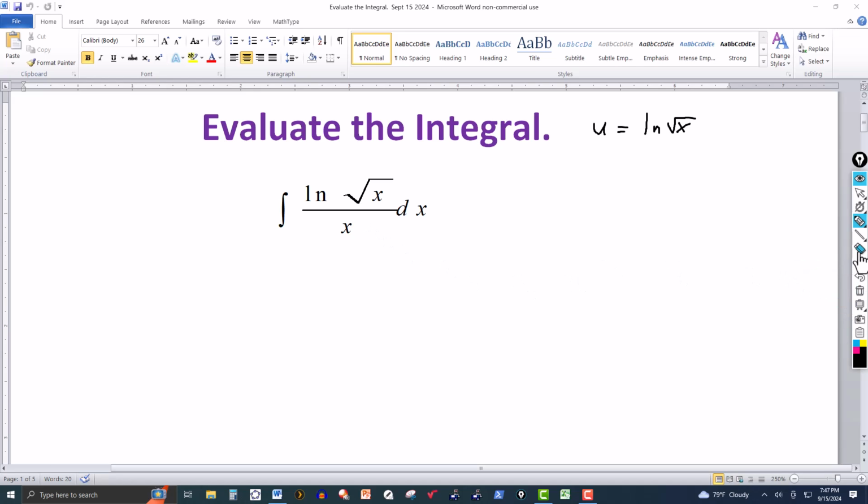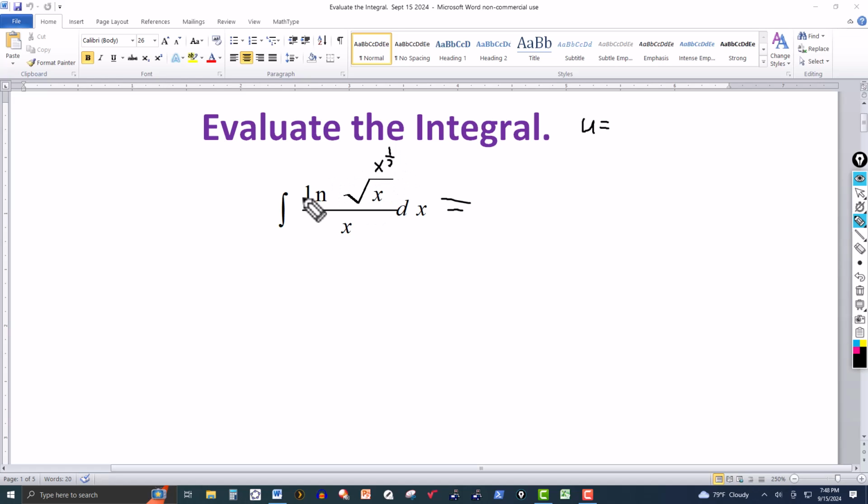So what I'm going to do is let u equal ln of x. But first I'm going to do this. I know that the square root of x is the same thing as x to the 1/2. There's a property that allows me to take this exponent and make it a coefficient.